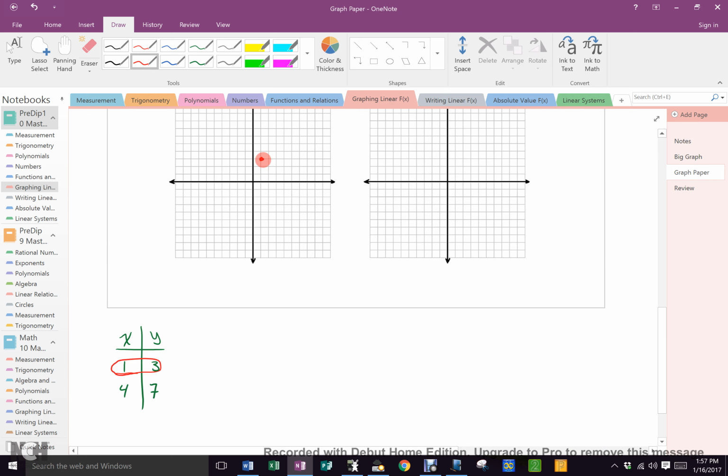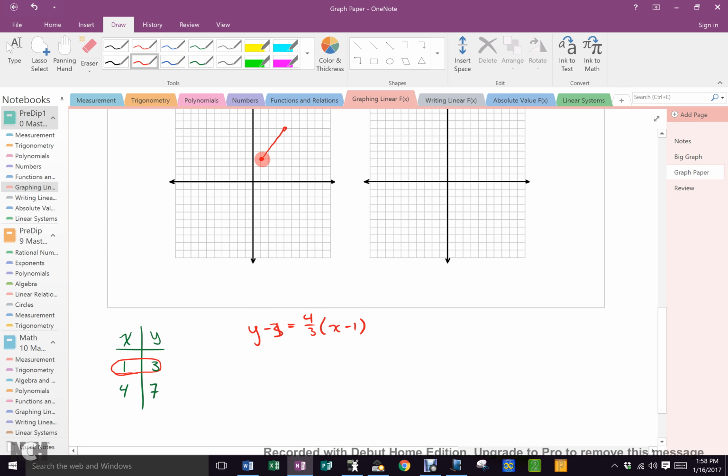Everyone agrees? That's what it would look like, yeah? Everyone agree? Okay, now, I told you that this is y minus 3 equals 4/3 x minus 1, yes?